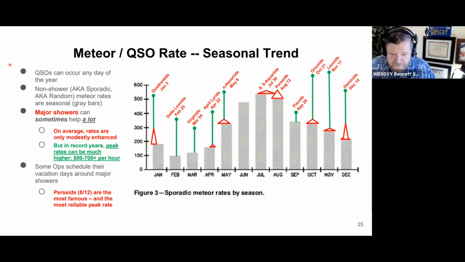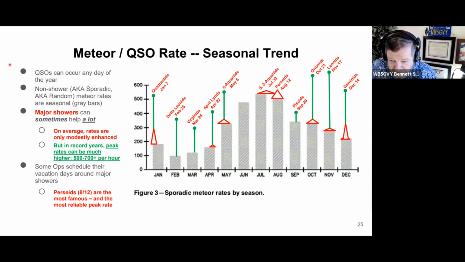The basic chart on the right, if you can just focus on the gray bars and ignore the red and the green stuff, the gray bars represent the seasonal average rate of meteors over the year. Again, these are averages over several years.